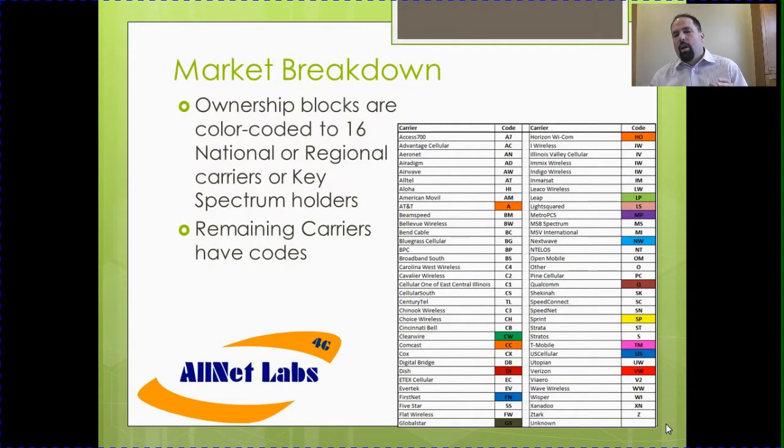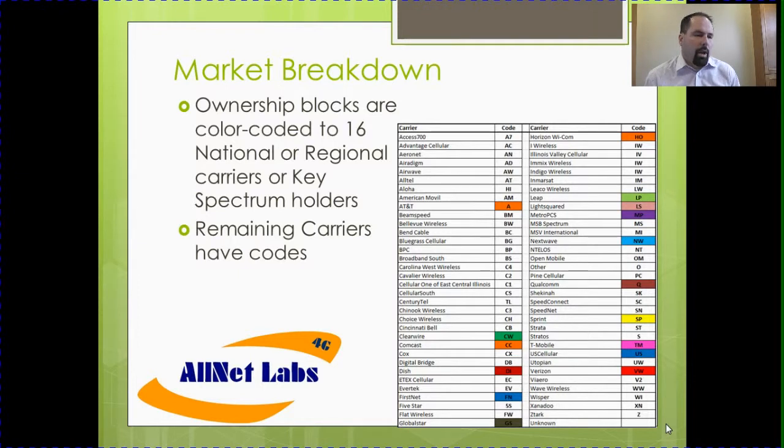All the rest of the smaller spectrum holders have been assigned codes, so you can still see where they lie, and when we go through a demonstration of the tool, you'll see blanks being essentially places where the spectrum ownership is unknown, or the FCC doesn't have any data, or it's white space. Otherwise, you're able to see the spectrum holder, whether they're a large carrier or a small carrier within that market area.